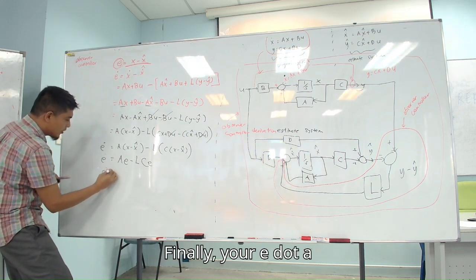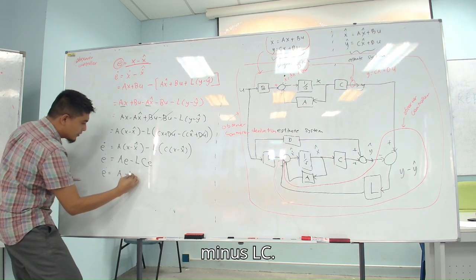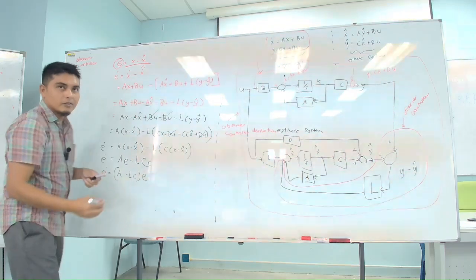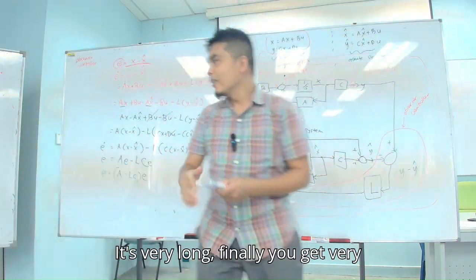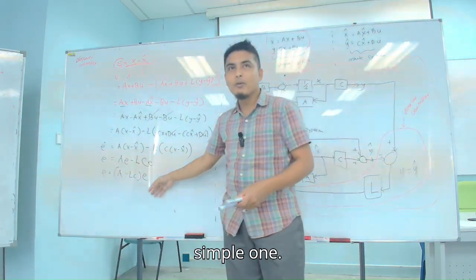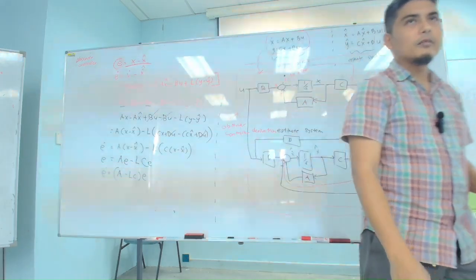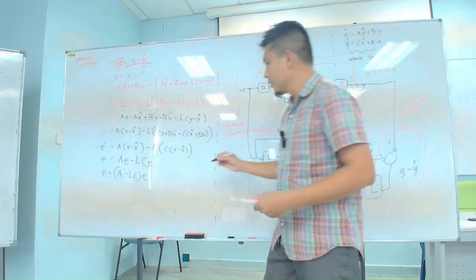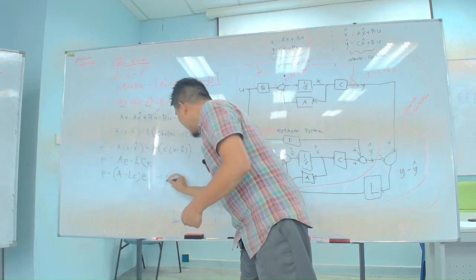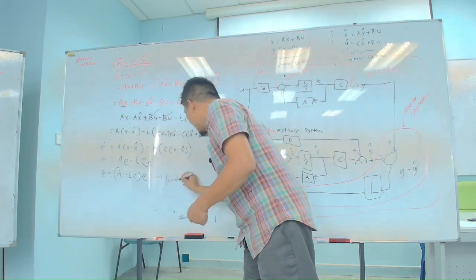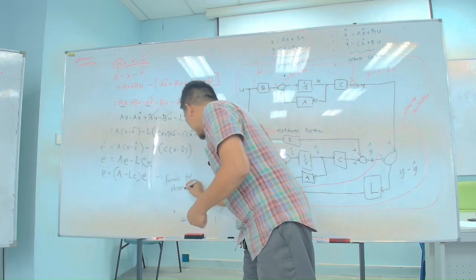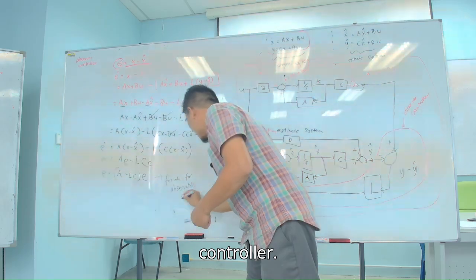Finally, your E dot equals A minus LC times error. It's very long, but finally you get a very simple one. Okay. So this is the formula for the observer controller.